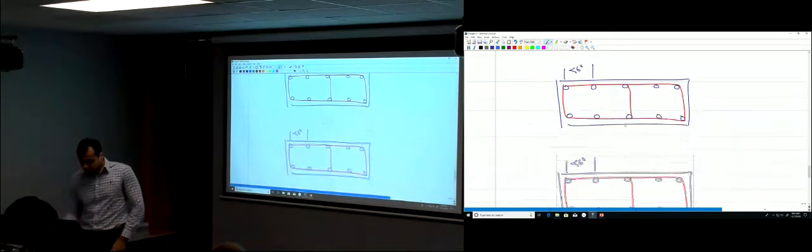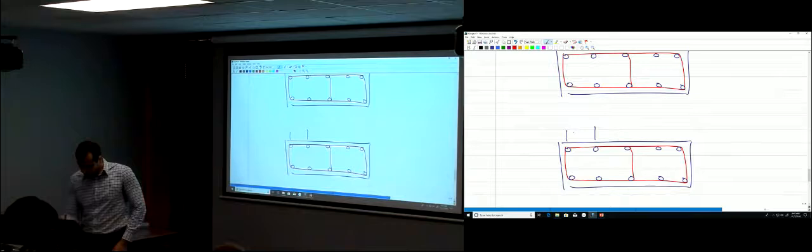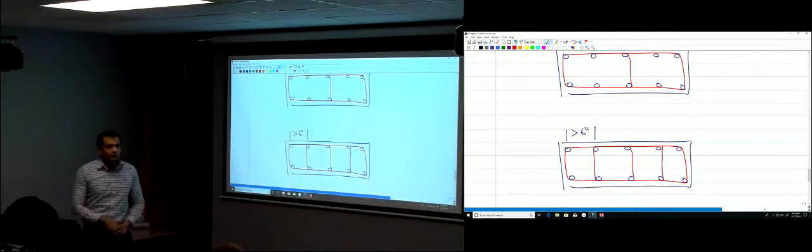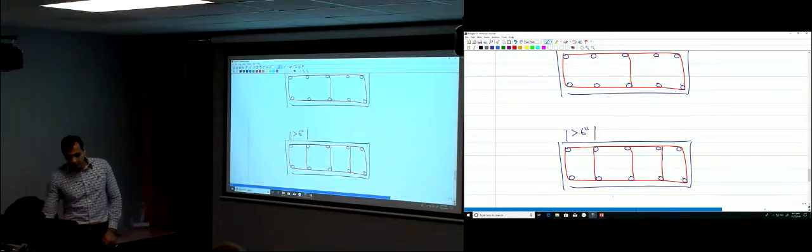What if those distances are larger than 6 inches? If it's larger than 6 inches, you have to provide stirrups to support them as well. Okay? So that's what we have here.